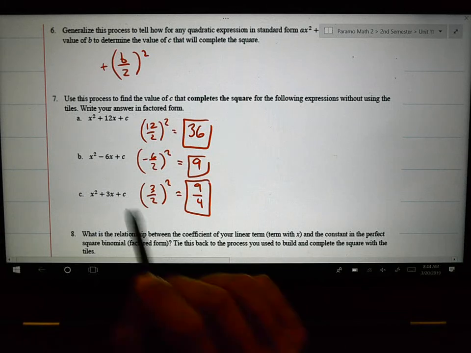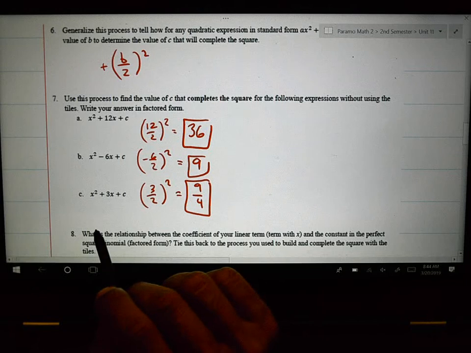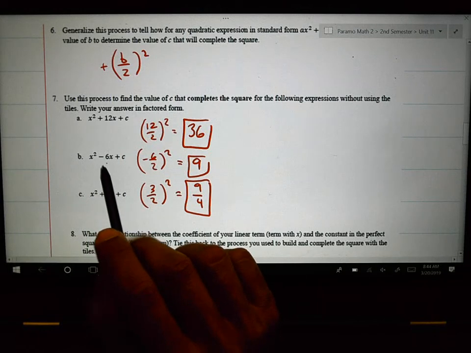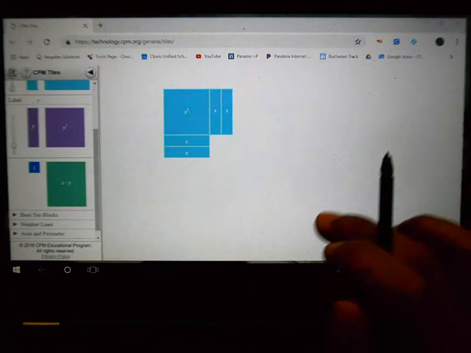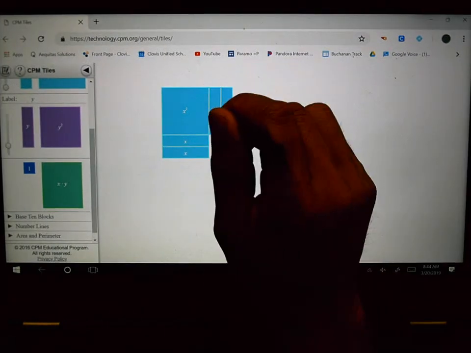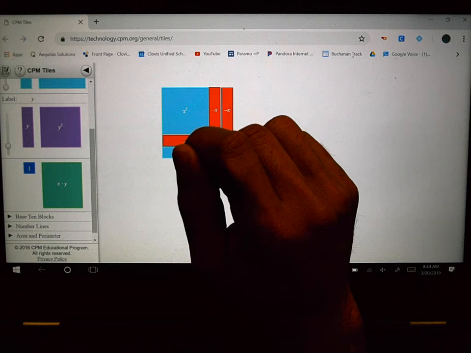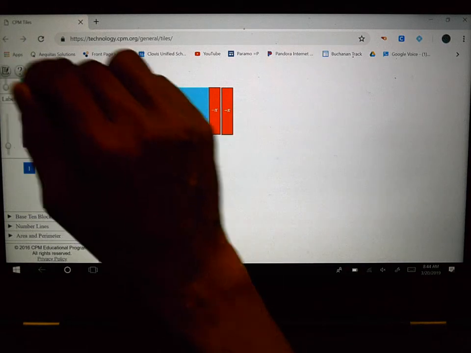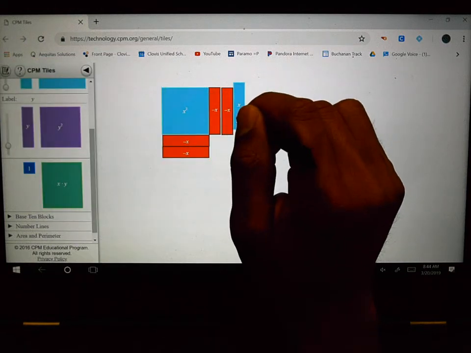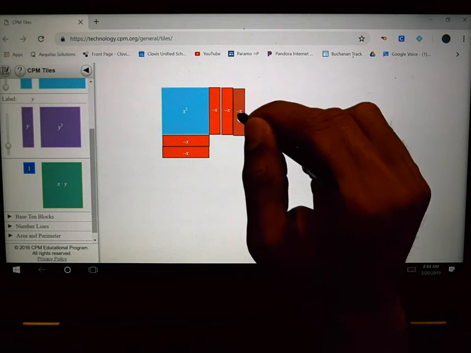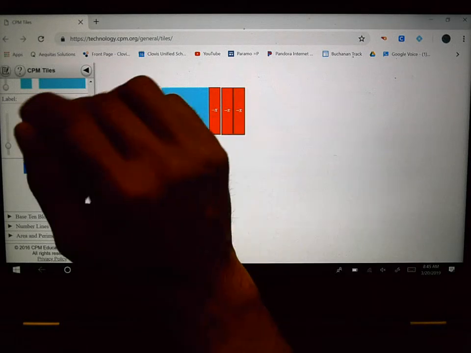One thing I do want to show you before I go to number 8. Remember how we had x squared minus 6x? If we were dealing with algebra tiles, and I were to pull out another one.